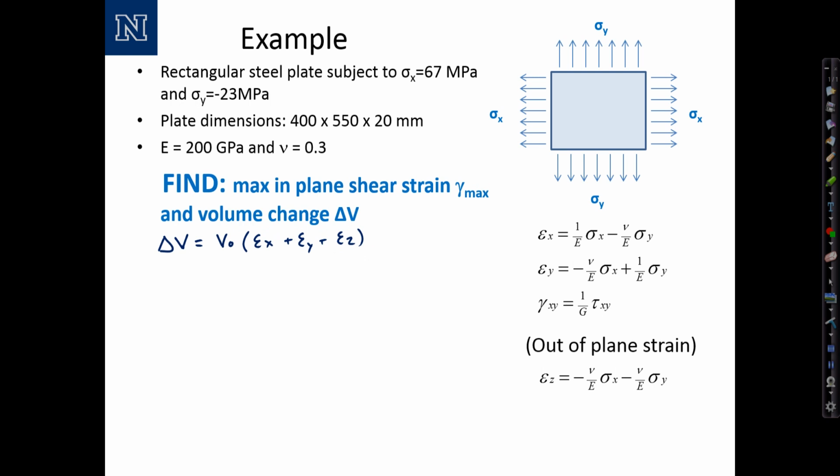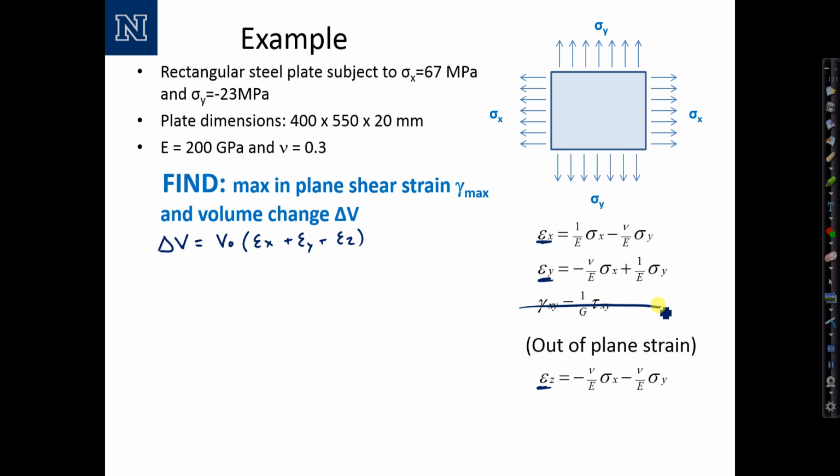Now what we want to do is write this equation in terms of our known biaxial stresses, sigma x and sigma y. In order to do that, I've summarized the stress to strain relations for plane stress. So let's start out by observing from these equations we need epsilon x plus epsilon y plus epsilon z.